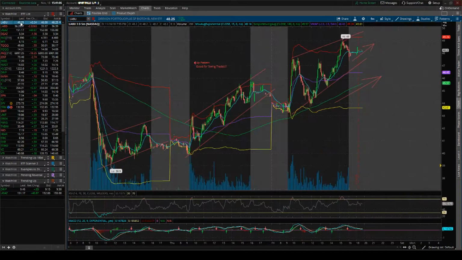Again, if you're looking to swing trade, then an uptrending pattern, an up pattern, is something that is attractive to swing traders, right? Because if you buy into a stock and you hold it for a couple of days, then the stock price is going to continuously go up, right?